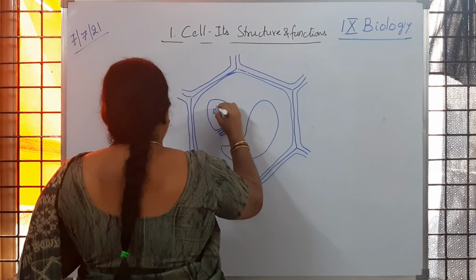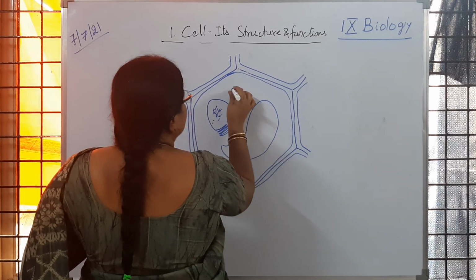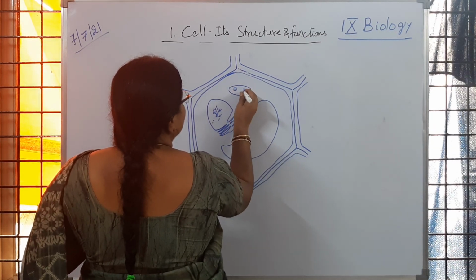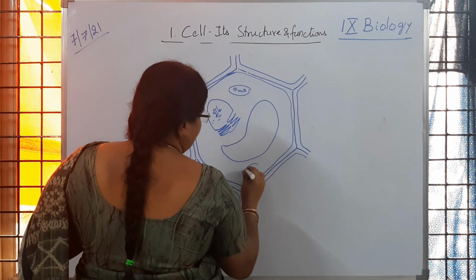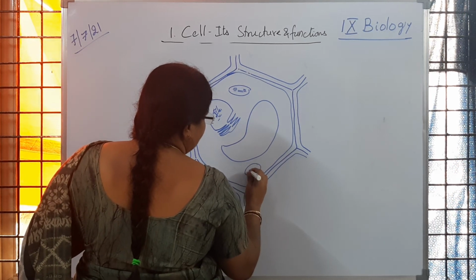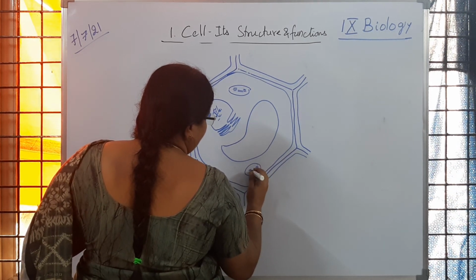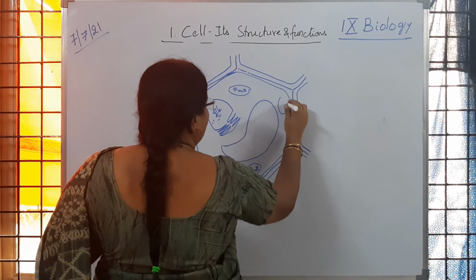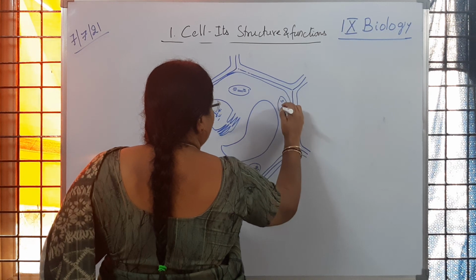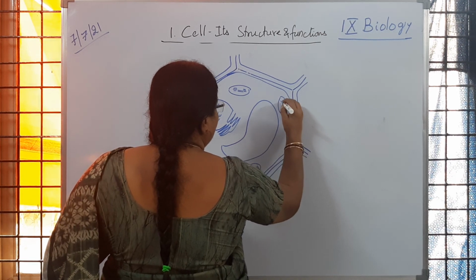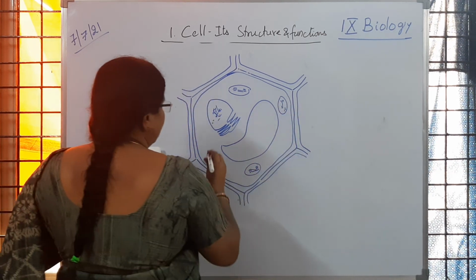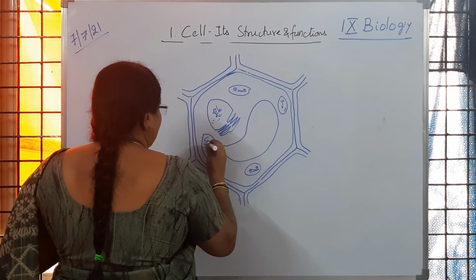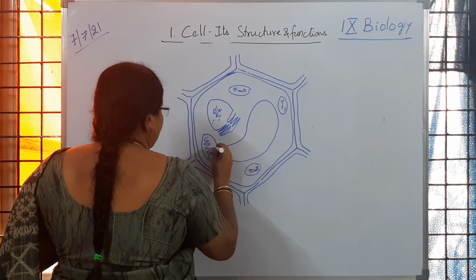The important cell organelle you are going to observe is the chloroplast. Along with chloroplasts we can observe mitochondria also.